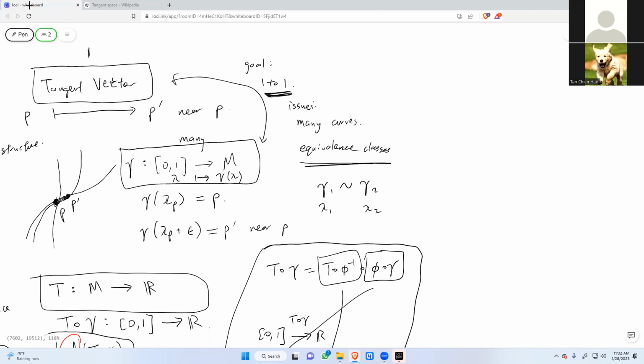We basically say that two curves are equivalent if the derivative of gamma, given any function t, we say that they're equivalent if and only if they are derivatives of, okay wait, I'm having some difficulties.